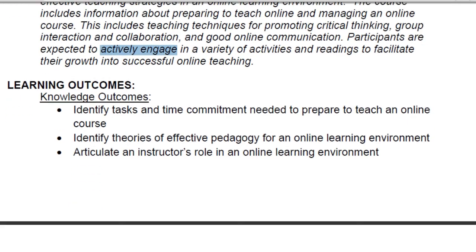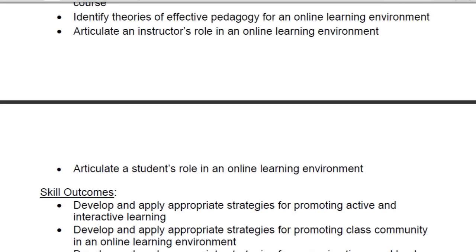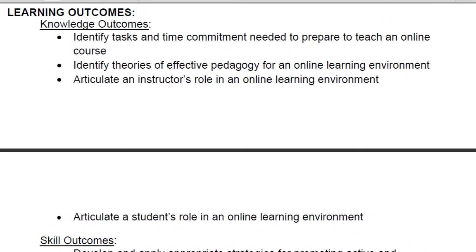Okay, next we can talk about the learning outcomes, and those are broken down by knowledge outcomes and skill outcomes. The knowledge outcomes are more the lower level of Bloom's taxonomy for those of you who are familiar with that model, but it's basically where you're going to be identifying task and time commitment needed to prepare to teach online, identifying those theories behind effective pedagogy in an online environment, really understanding and articulating your role as an instructor and your role as a student.